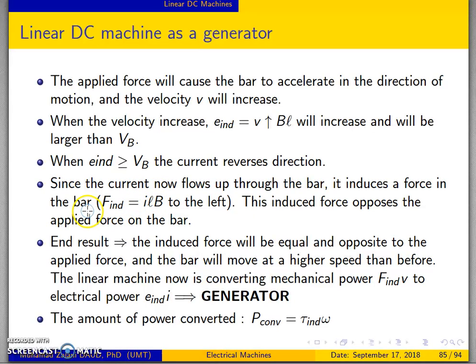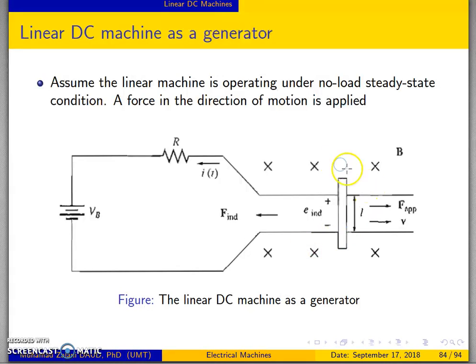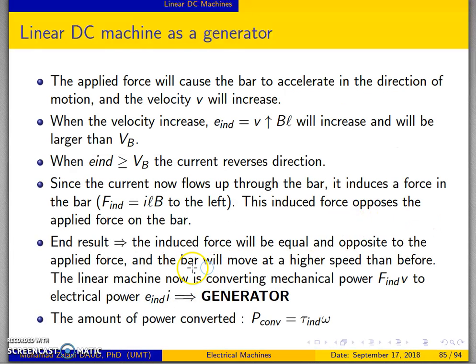This induced force opposes the applied force on the bar, as you can see in the circuit. The end result is that the induced force will be equal and opposite to the applied force, and the bar will move at a higher speed than before.